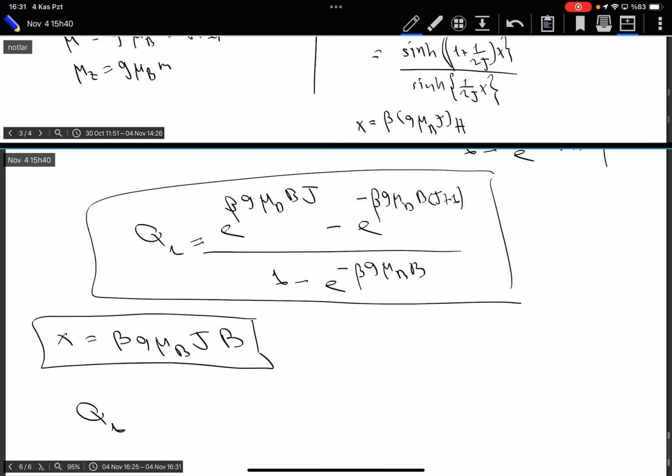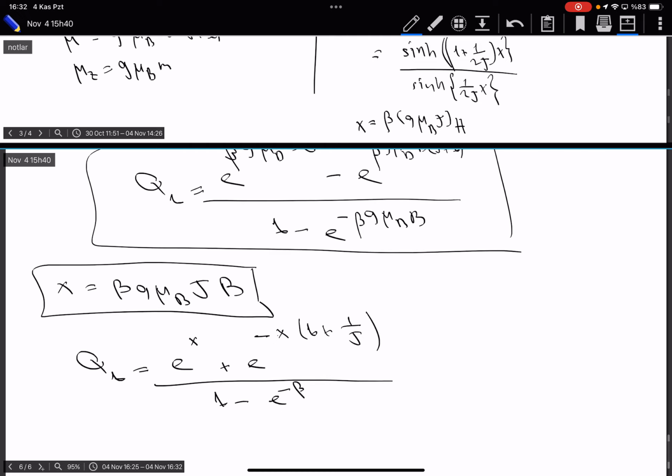So Q1 will be e to the power X plus e to the power minus X times 1 plus 1 over J, divided by 1 minus e to the power minus beta J. Beta over J, X over J. Well, let me multiply both sides by X over 2J.